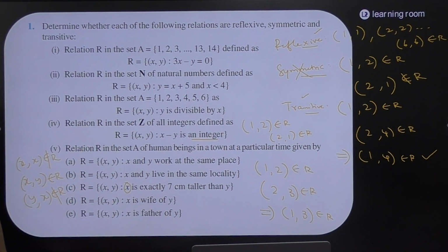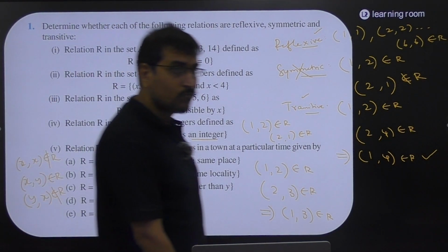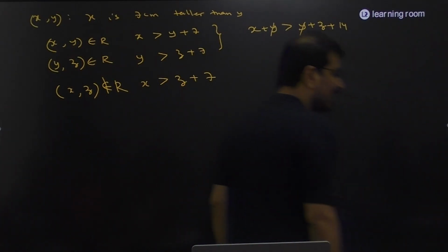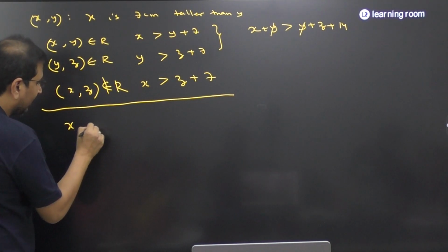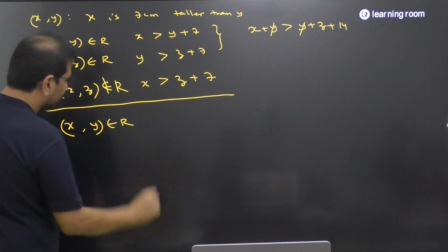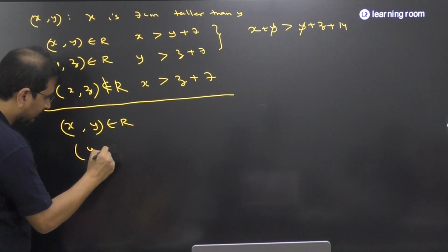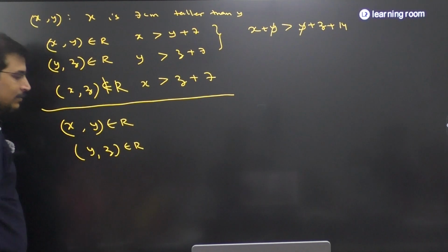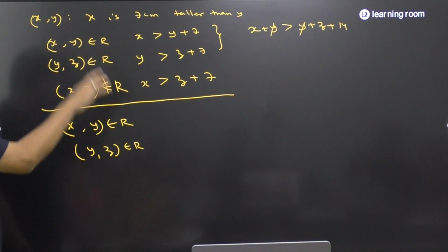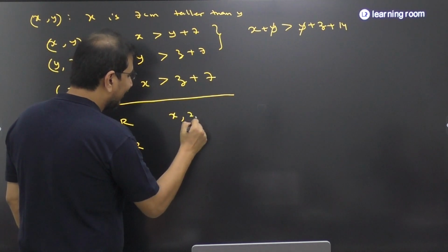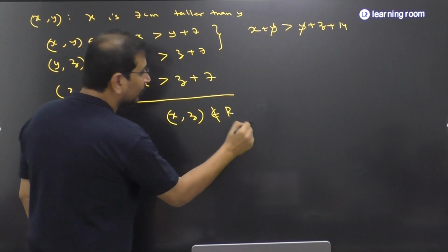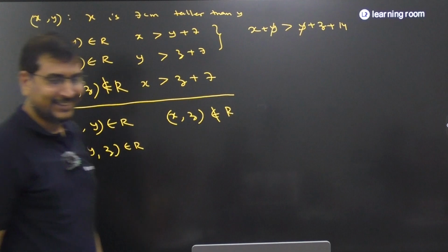What about transitive? Grandmother. Which one? X comma Y belongs to R. Grandmother, concluded. So X comma Z obviously does not belong to it. Right.